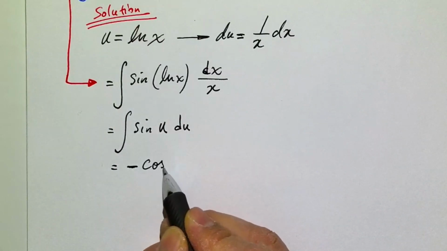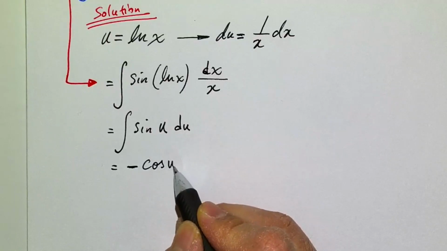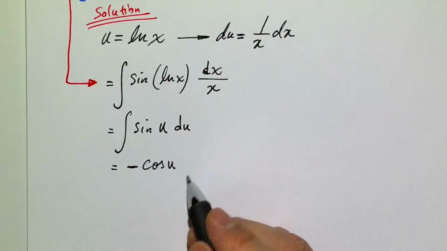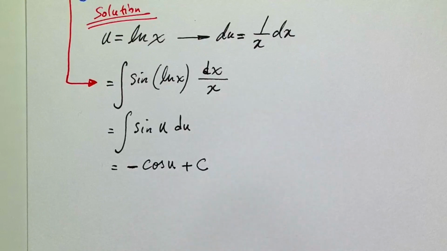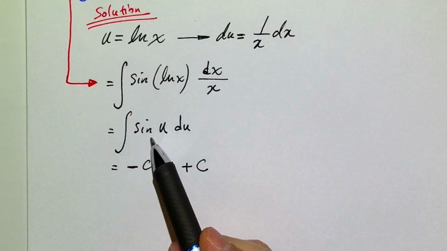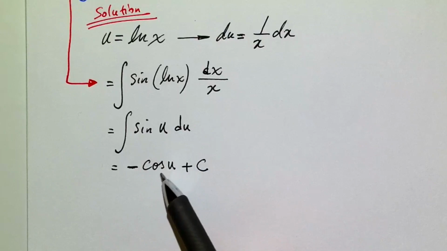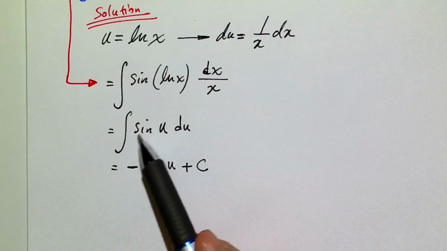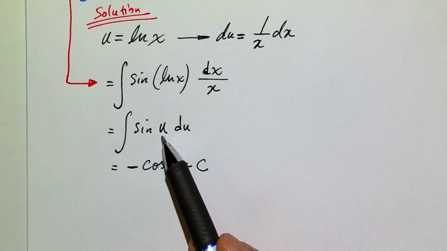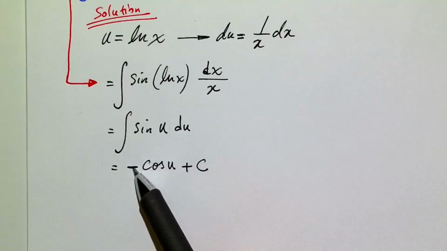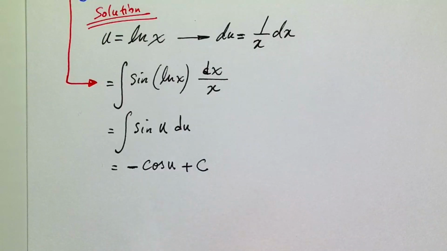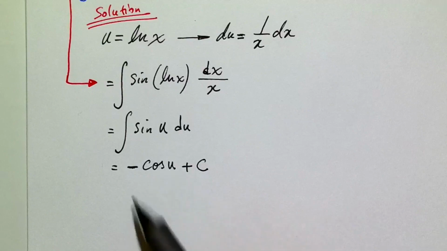So minus cosine of u, right, plus c. Just because this is positive, if it should have been negative. If you're taking the derivative of cosine of u, you should get minus sine of u. But it's positive, so the original expression has a minus in front. Okay, must have had that.